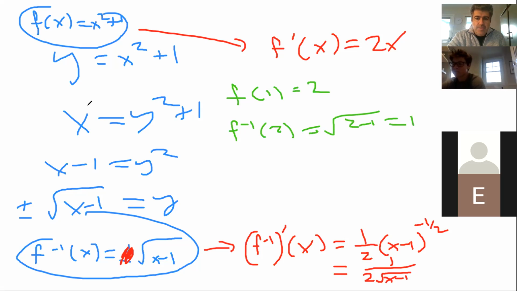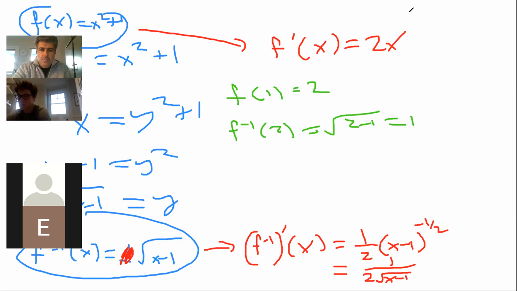So it kind of makes sense that for f, let me do a little summary table here in black. We have 1, 2. For the inverse, we have 2, 1. Totally makes sense, right?